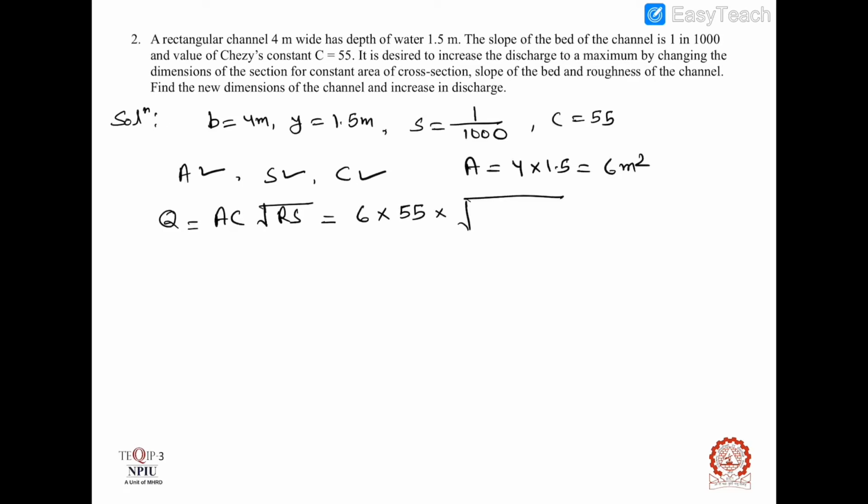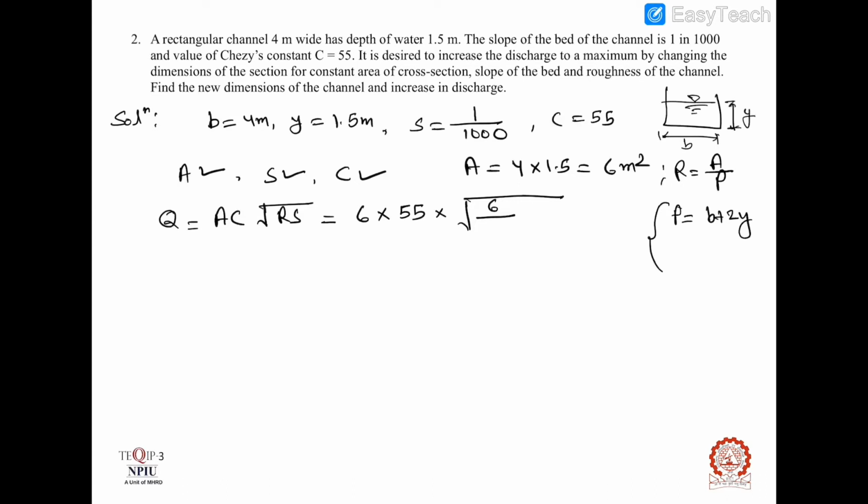R is the ratio of A and P. What is area? Area is 6, and perimeter of the rectangular channel is B plus 2y. If this is the rectangular channel, this is B, this is y.